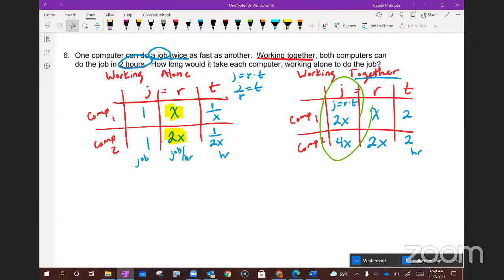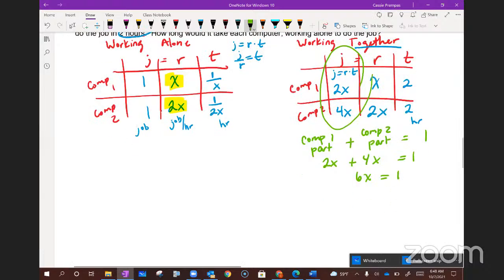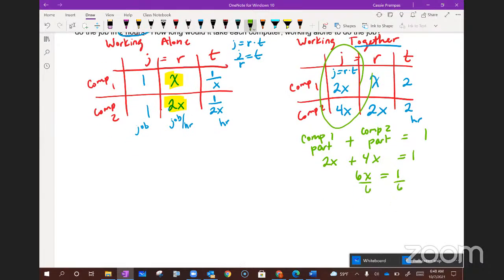So looking at this piece here, I know that the computer 1 part plus computer 2 part is going to equal 1. So I know that 2X plus 4X has to equal 1, or you could say 6X has to equal 1. Divide both sides by 6, and I can see that X is equal to 1/6.